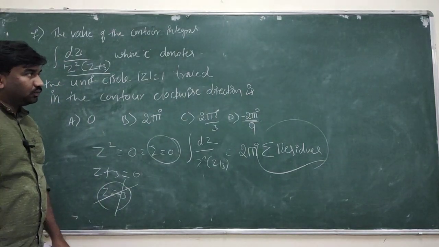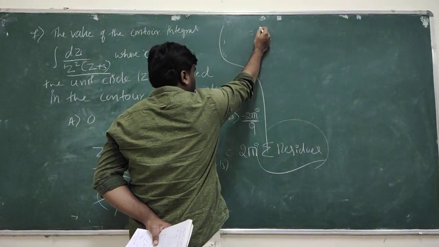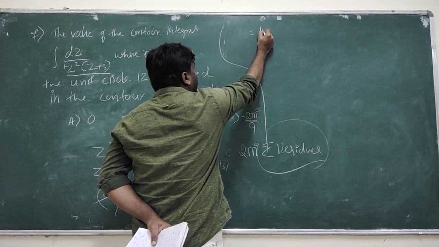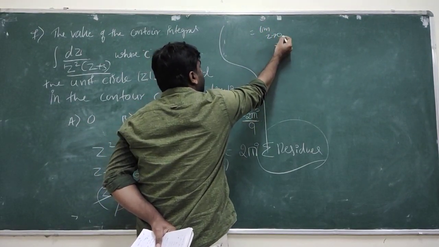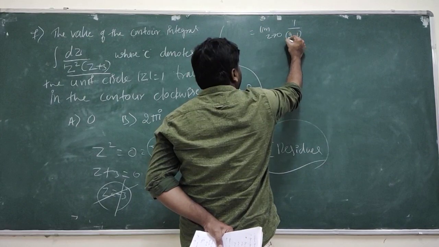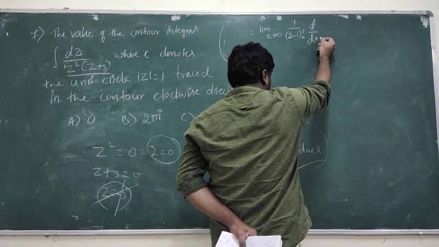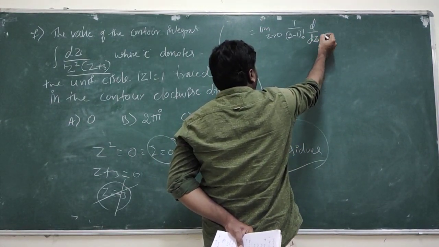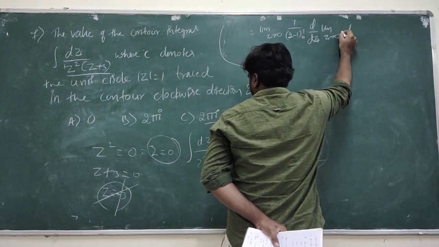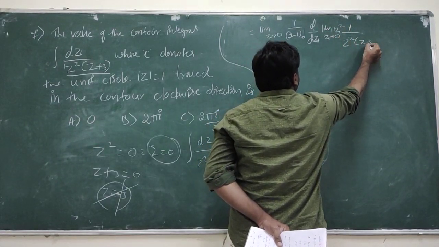Okay, so the formula is limit z tends to 0 of 1 divided by 2 minus 1 factorial into d by dz of limit z tends to 0 of z square into 1 divided by z square into z plus 3.